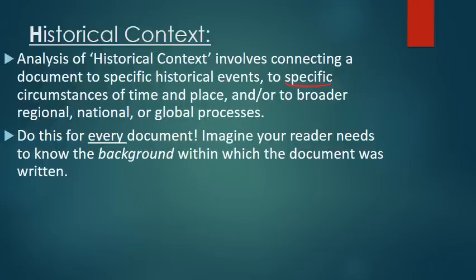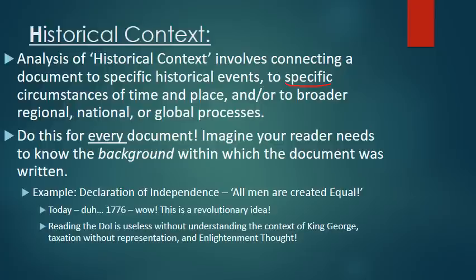So if you're talking about a document, it needs to be connected to that time period, with vocab terms from that time period, or it can be connected to broader regional, national, or global processes. What does your reader need to know to understand the document? When you're reading this, what is the absolute essential vocabulary that you have to understand why this was written?